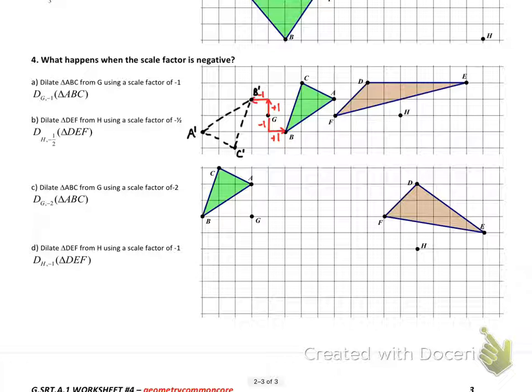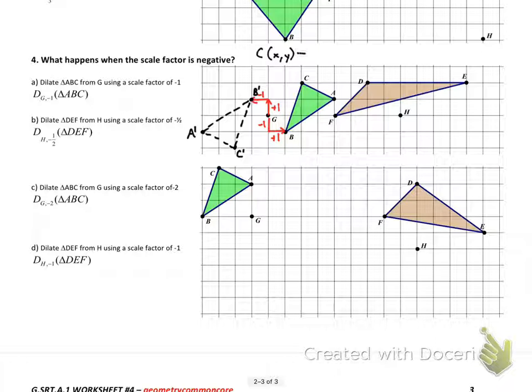So, does this look familiar? How else could we get the same result? A rotation how far? 180. So this actually is a 180 degree rotation. And I want to remind you why that's the case. Remember our rotation, 180 degree rotation rule looked like this.